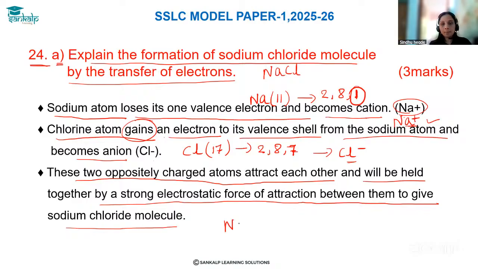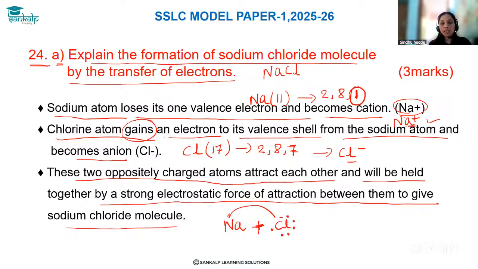Here sodium has one extra electron in its outermost shell. It gives this electron to chlorine, right? Chlorine contains 7 electrons in its outermost shell: 1, 2, 3, 4, 5, 6, 7.